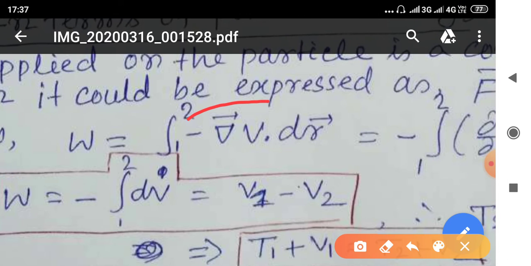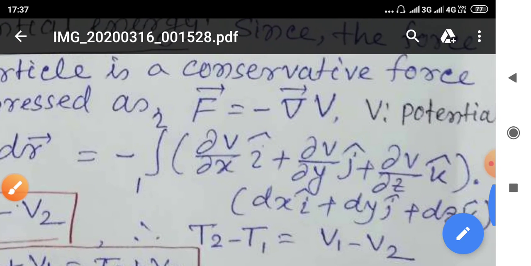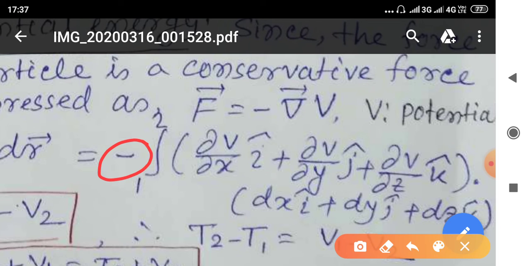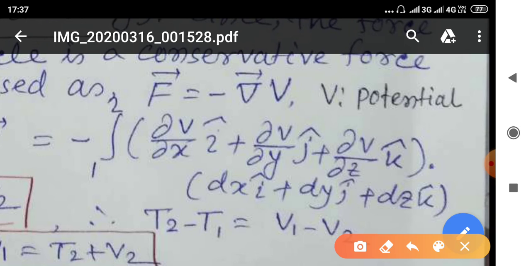F dot dr, that means minus gradient of V dot dr, and if we write the gradient of V in the explicit form, then the negative sign is outside the integration, and the integrand becomes del V/del x i cap plus del V/del y j cap plus del V/del z k cap dot dx i cap plus dy j cap plus dz k cap.